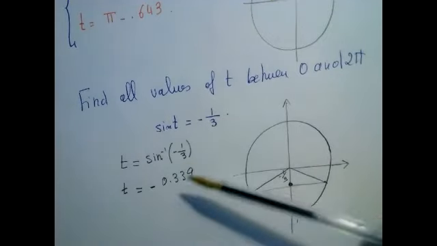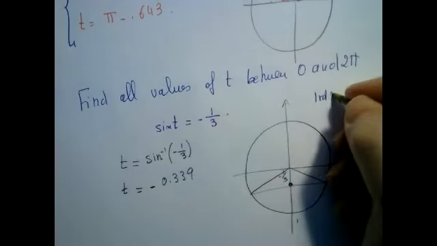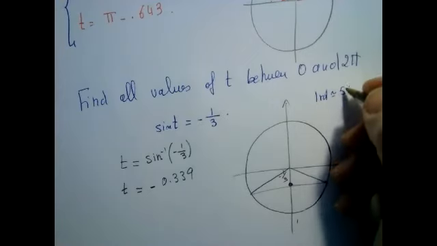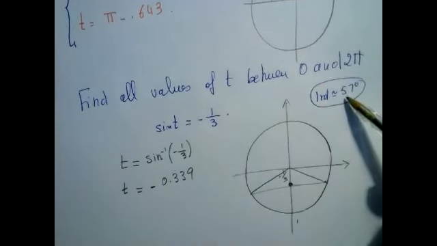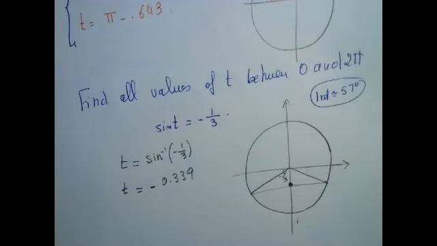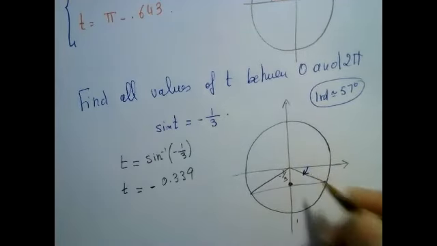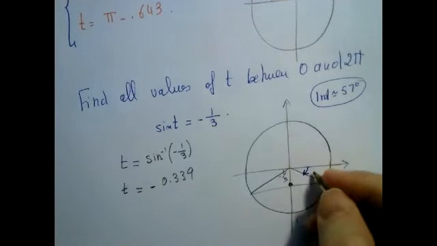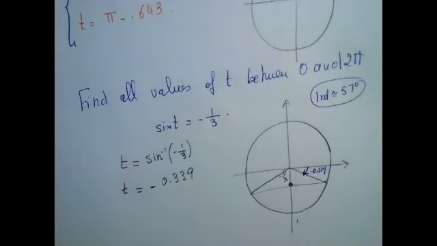One radian, just to help you out with radian and degrees, is almost 57 degrees. So 0.3 is going to be almost 20 degrees, but I'm going to stay with that. So in the picture, it means this one here going down, this is -0.339. That's the one your calculator gives you.